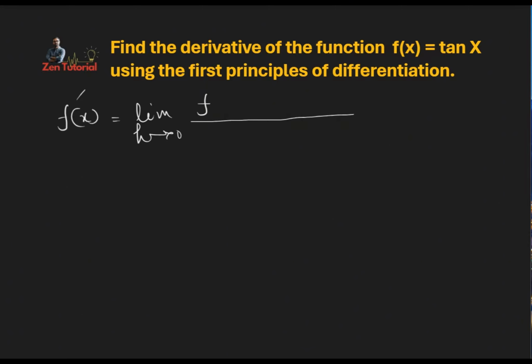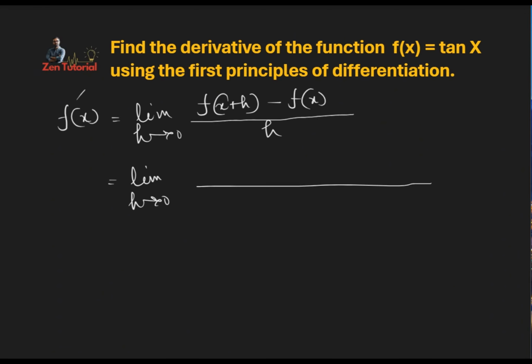This is the definition of the first principle of differentiation: f of x plus h minus f of x over h. Limit h tends to 0, and f of x plus h means tan of x plus h minus tan of x over h.